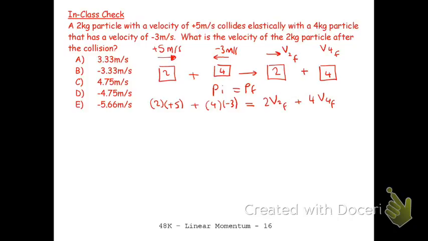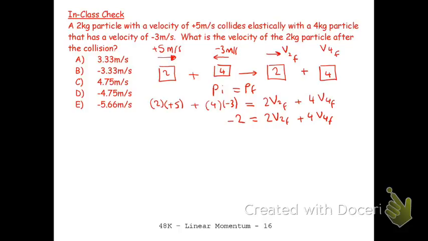So let's just do one more step. So that's going to be 10, and that's going to be minus 12. So 10 minus 12 is minus 2, equal to 2V2 final plus 4V4 final.